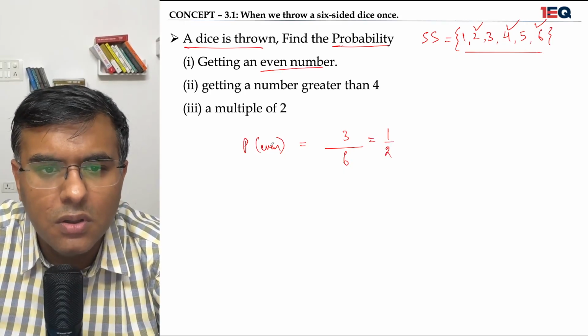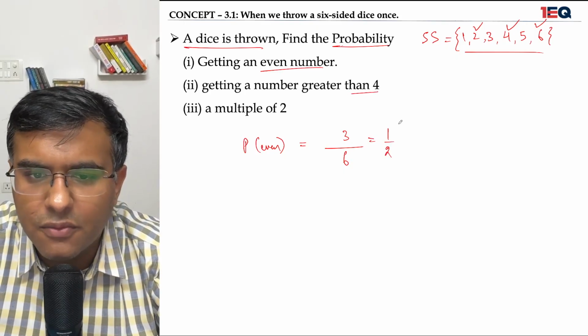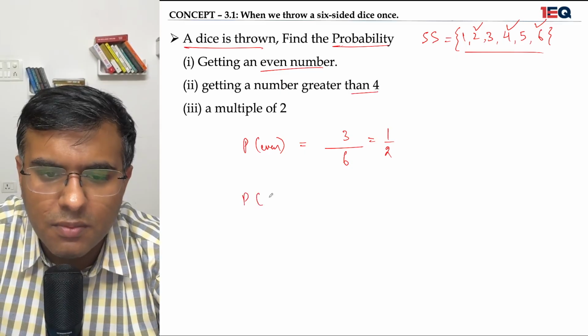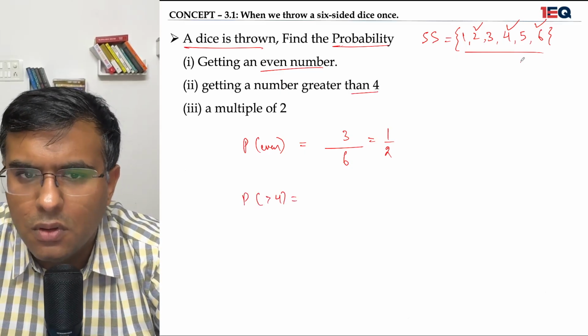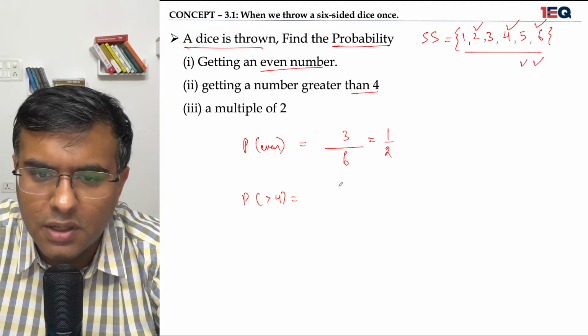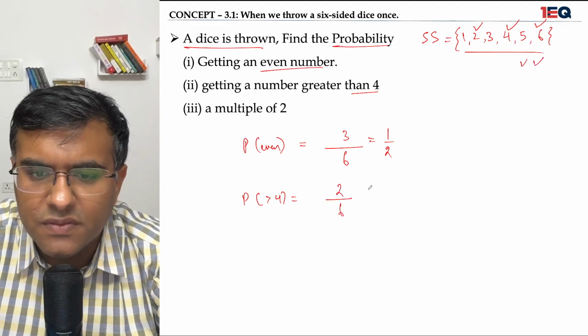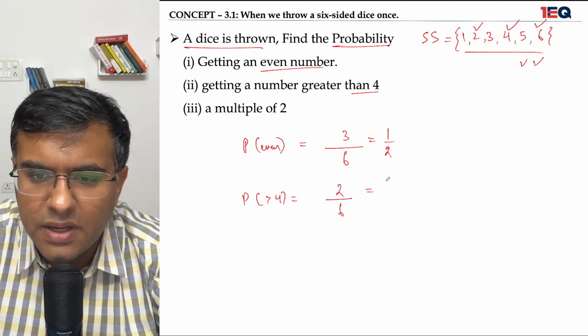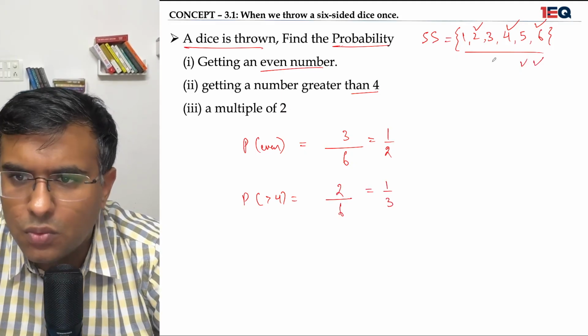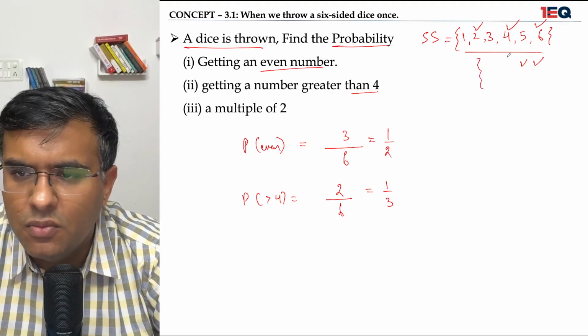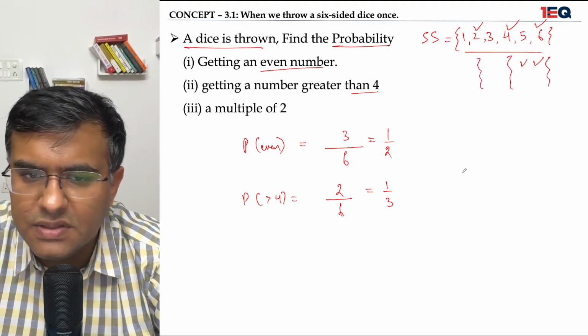Talking about getting a number which is greater than 4, the probability of greater than 4 would be equal to 2 upon 6. There are two instances out of 6 total instances, so my answer would be 1 upon 3. Getting a multiple of 2: the options are 2, 4 and 6.